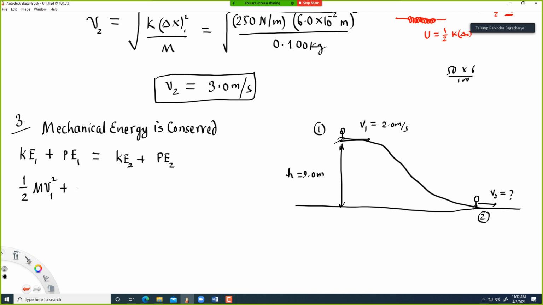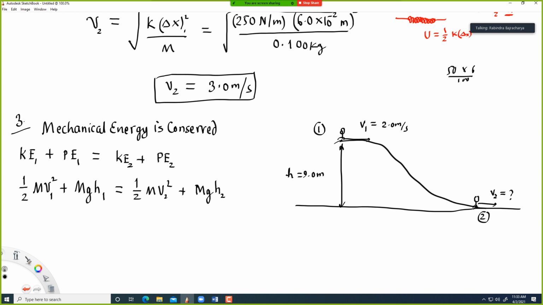Potential energy is mass times g times height. Again, I want to differentiate the height, so let me write it as h1. Kinetic energy at 2 is 1/2 m v2 squared. Potential energy at 2 is m g h2.